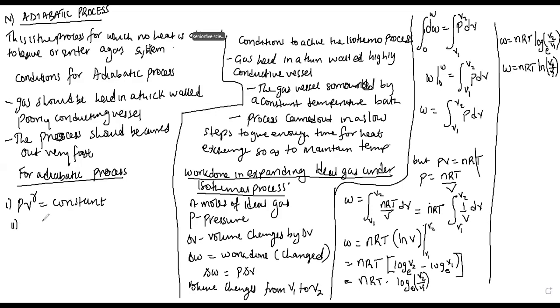Equation 2 for the adiabatic process is TV gamma minus 1 is equal to a constant. This is in line with what we have as Charles's law, but this time around we have gamma minus 1. If you remember what gamma is, who recalls what gamma is? We derived it last lesson.